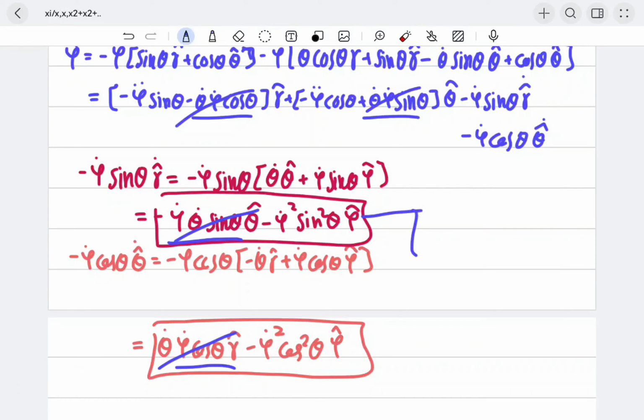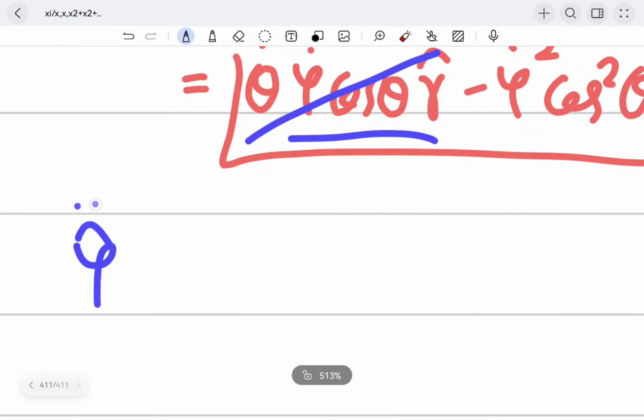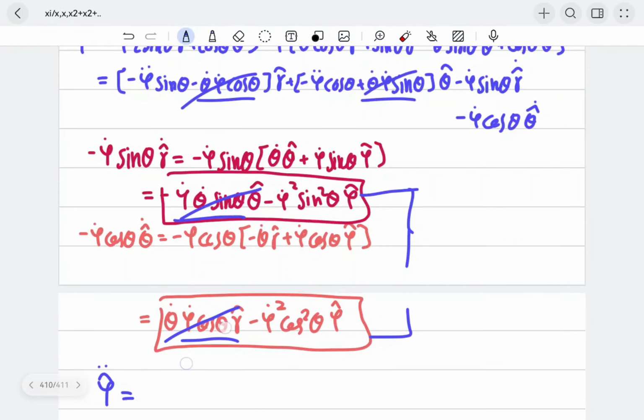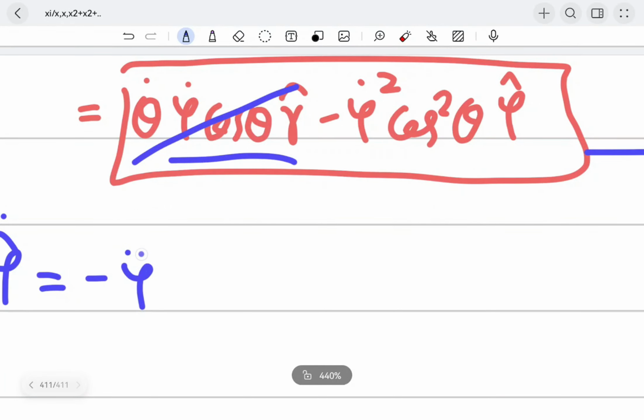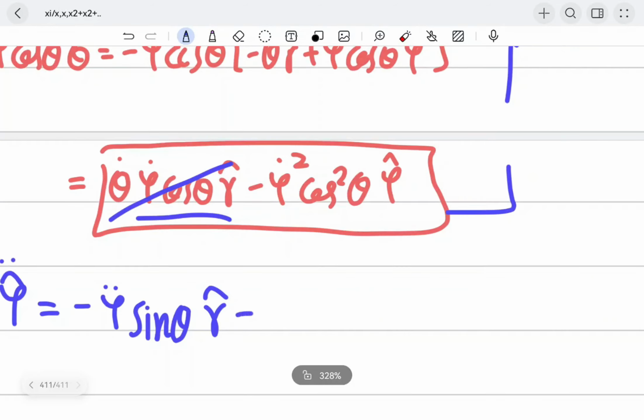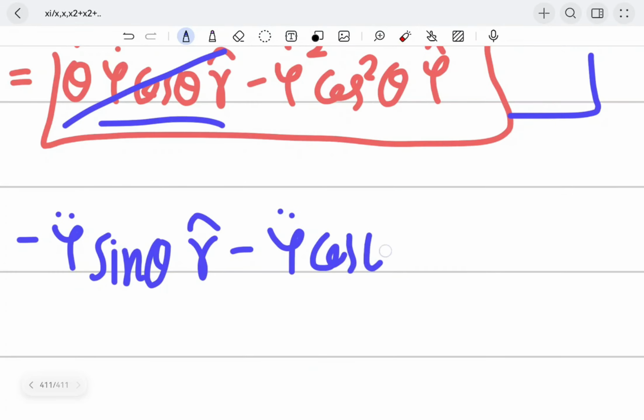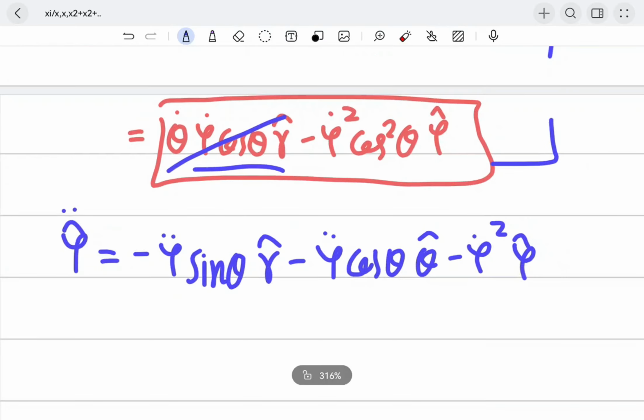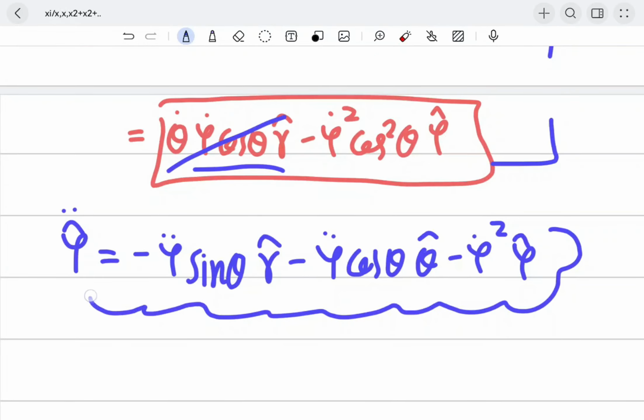For these two, I can take minus phi dot square as a common factor, and I will be left with sine square theta plus cosine square theta, which is equal to 1. And this is our phi hat double dot.